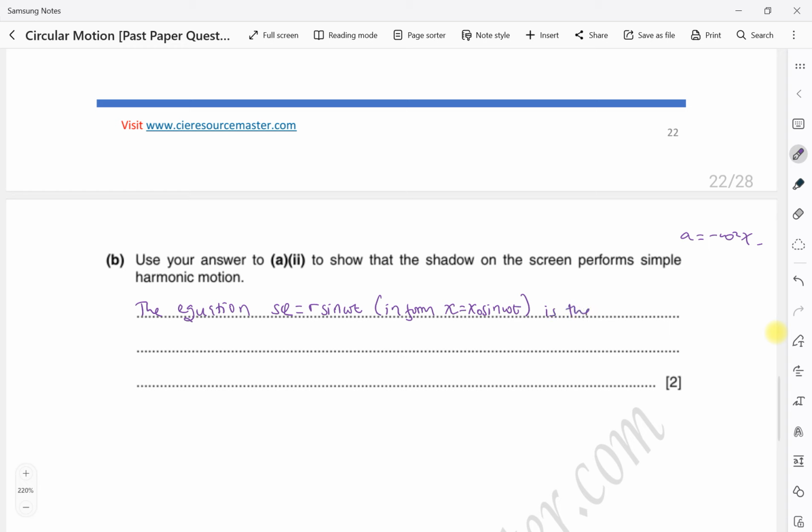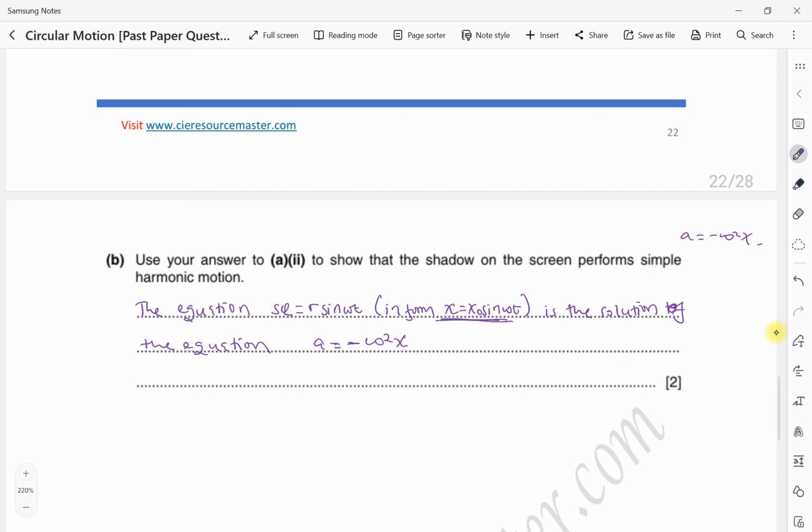It is the solution of the equation a equals negative omega squared x. An equation in this form here is a solution to this equation here. I may just put the R, but I'll leave it as x.